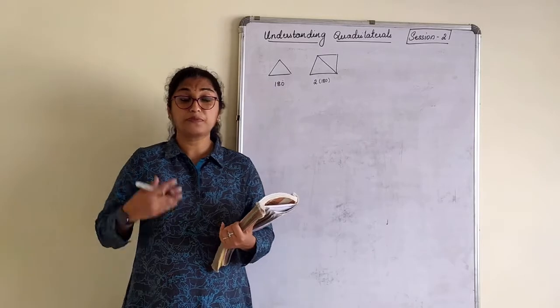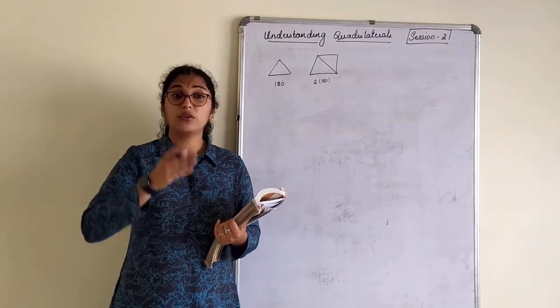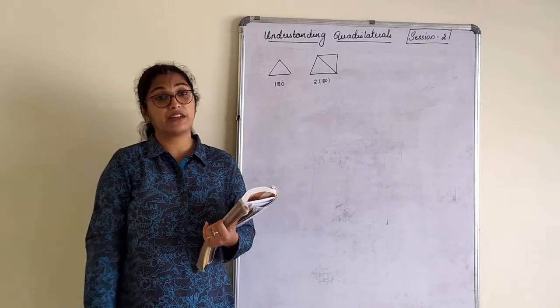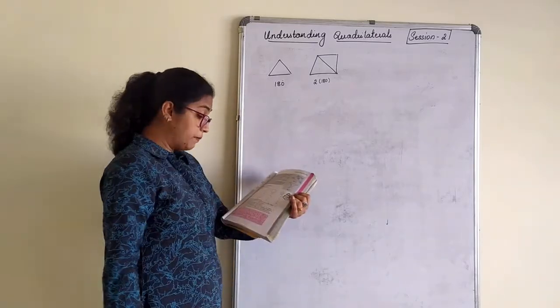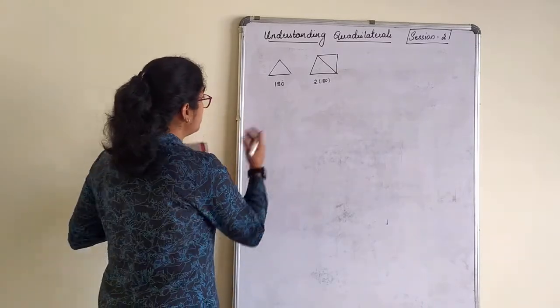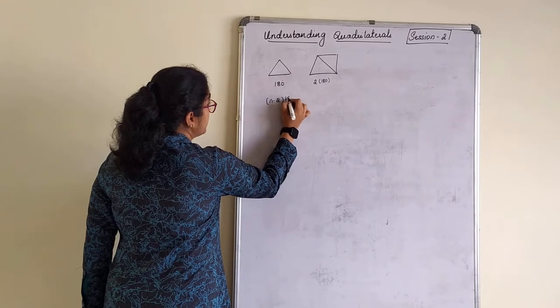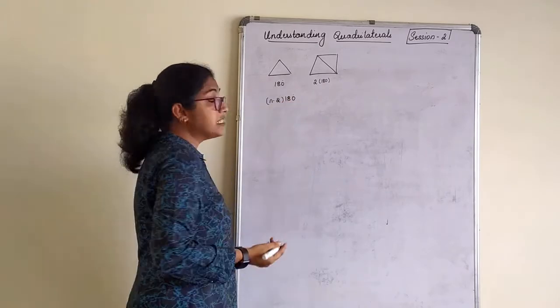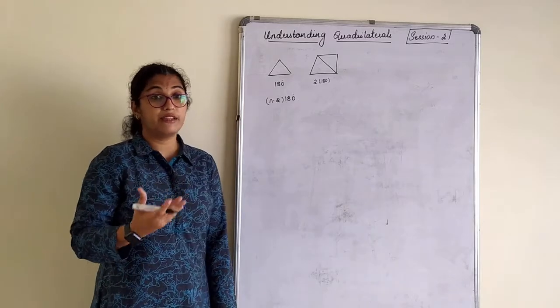But tomorrow if you have a heptagon, nonagon, you can't sit and divide it into the number of triangles and do that, right? Instead, what do we do? We directly apply the formula. What is that formula? (n minus 2) into 180 will give us the angle sum of the interior angles of a given polygon.